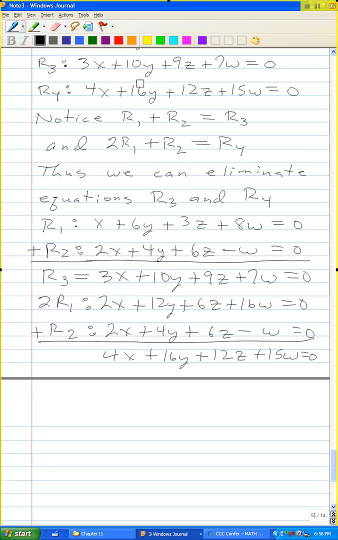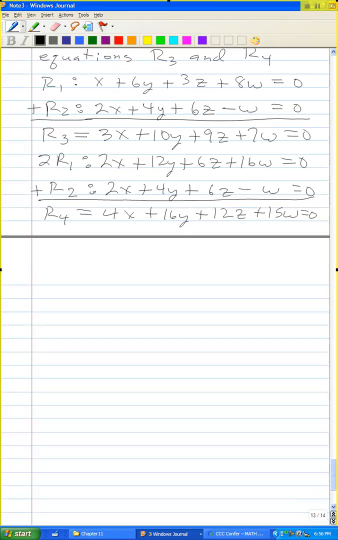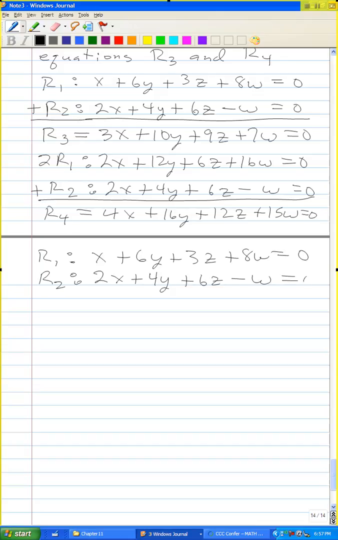That is just R4. So really, I only have R1 and R2, the only two equations that I have.